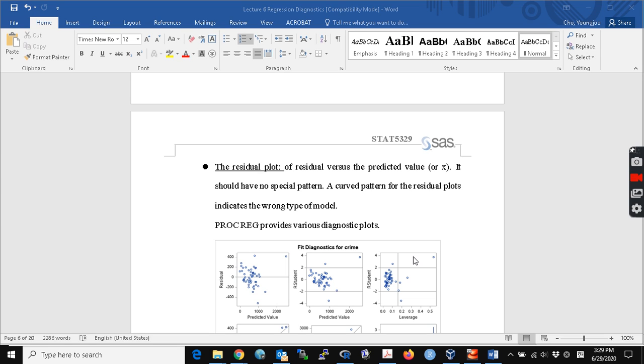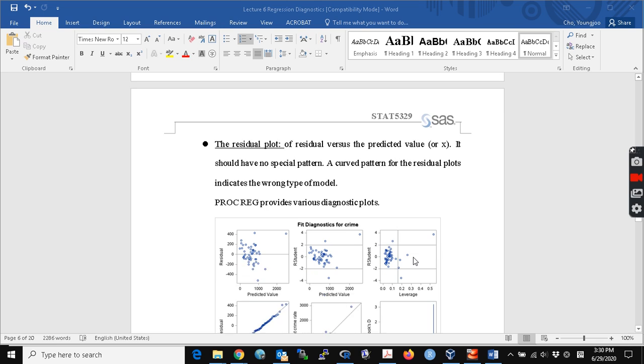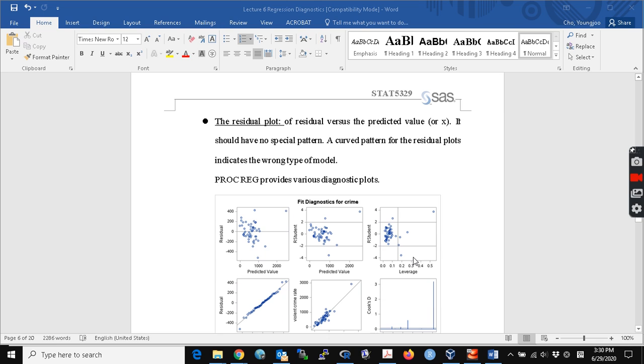The residual should be the leftover, so there should be nothing systematic left in the residual. Graphically, there should be no pattern.